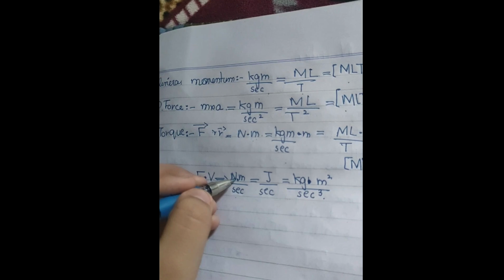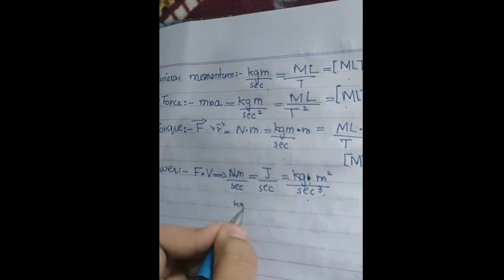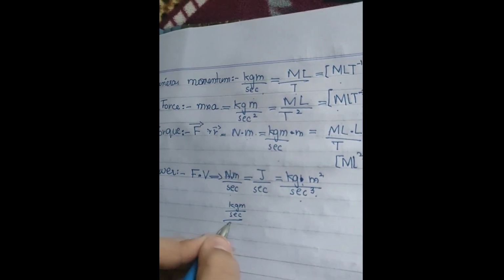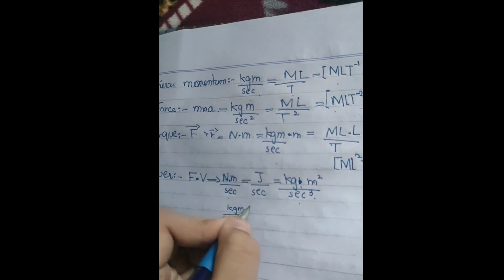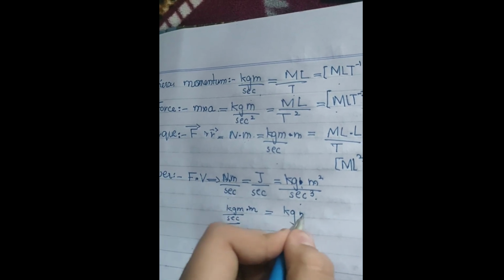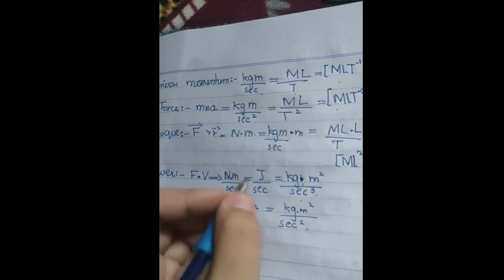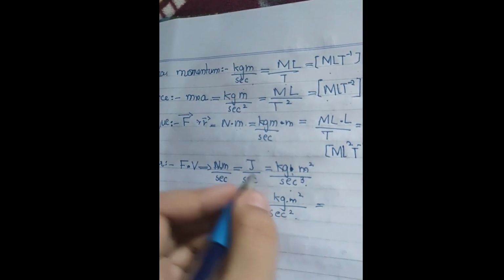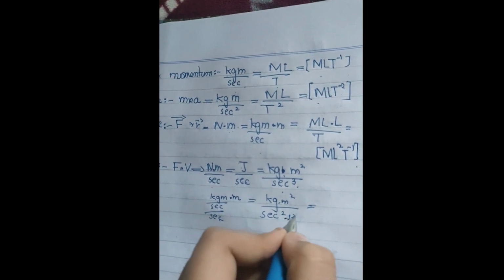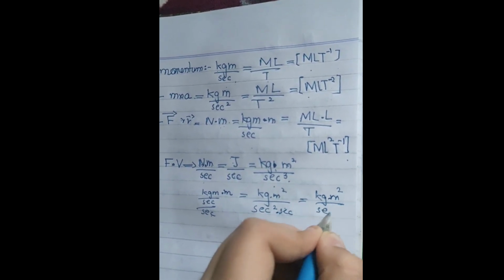Here we have Newton, and Newton is basically kilogram meter per second square. After that down we have second again, and here we have meter again. So here you can see kilogram, meter square, second cube, as joule is equal to Newton meter, so that is kilogram meter square per second cube.